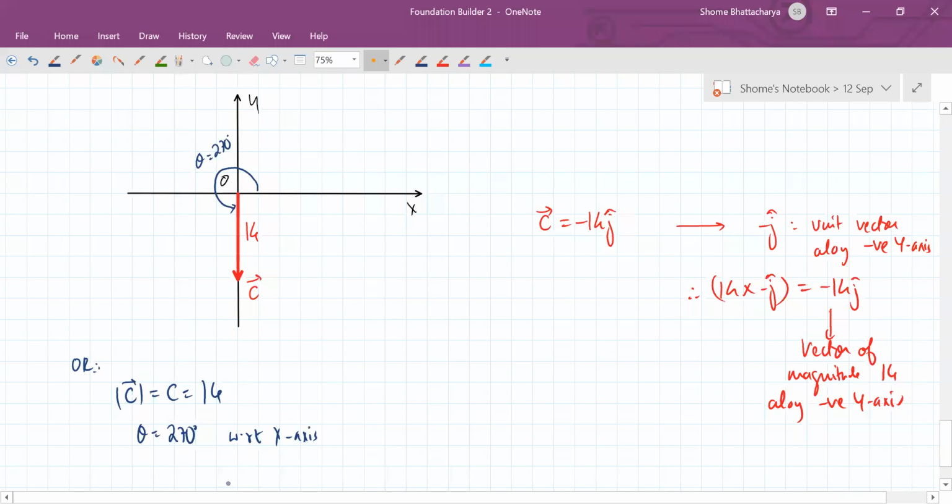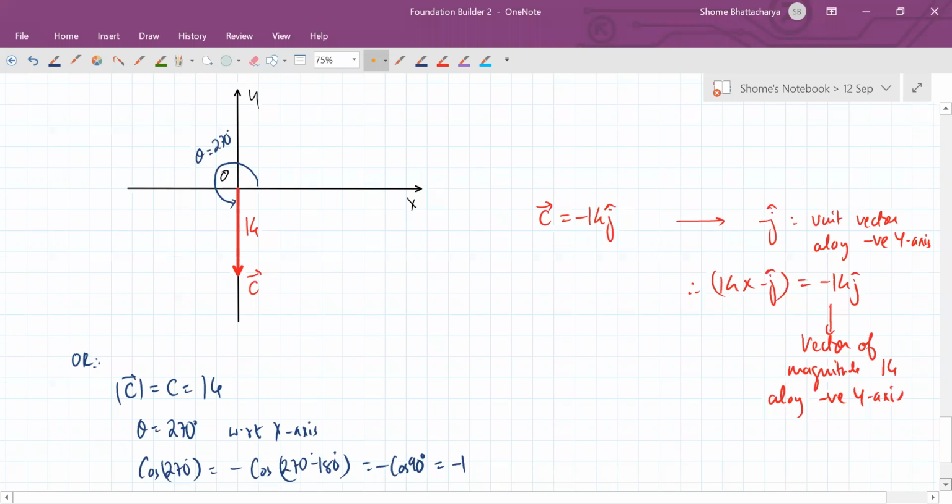Okay. But then you'll have to apply that principle, that cos 270 will become minus of cos 270 minus 180, that is minus of cos 90, that is minus 1. Okay.